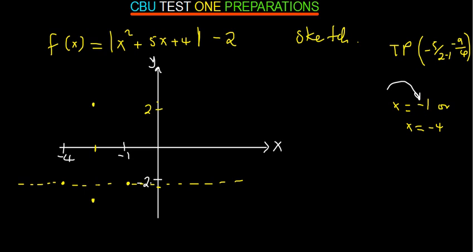So remember the graph was supposed to be moving like this, going to the turning point, but instead of you crossing down, you're not going to go there. Also this side, it is supposed to be going like that.